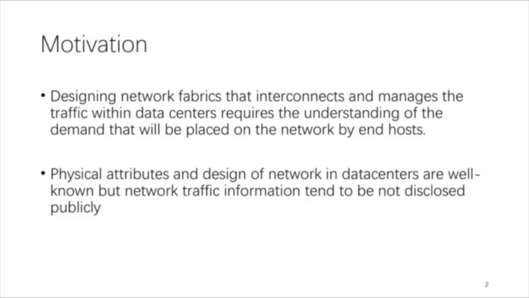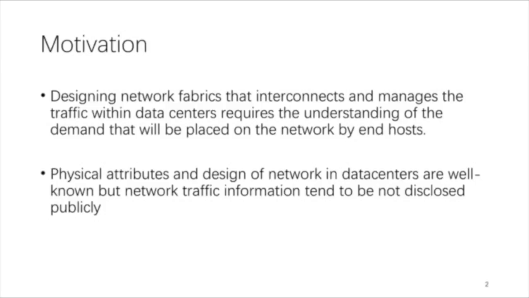So the second one, physical attributes and design of network in data centers are well known, but network traffic information cannot be disclosed publicly. That means those big companies are not willing to disclose this kind of information publicly.